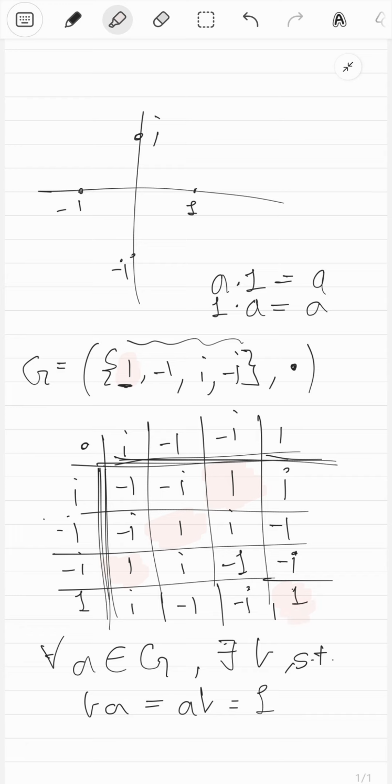Right. So right off the bat, you can notice that for every element you have some element which multiplied with it gives 1. Also notice that for every A in G, you never have two inverses. And this is kind of easy to prove.